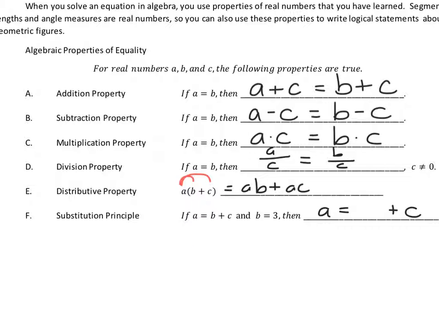Likewise, if we undistribute that from the group, it would also equal b plus c times a. Now the substitution principle: if we have a equals b plus c, and we know that b is equal to 3, then you can substitute that value in. Instead of a equaling b plus c, we would have a equals 3 plus c.